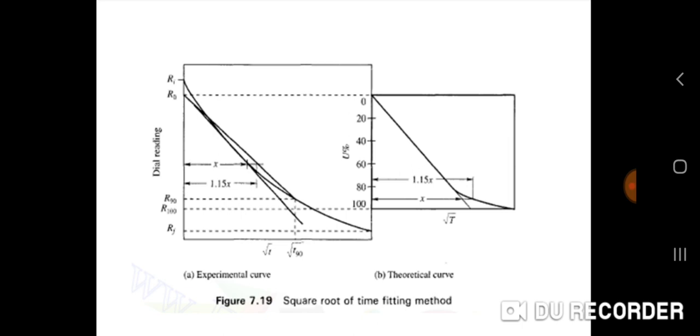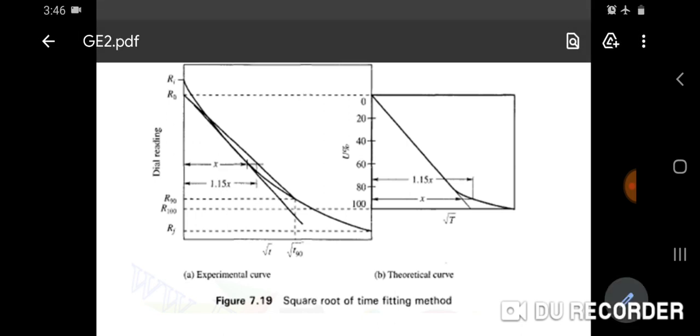From this straight line, Taylor has reduced a factor of 1.15 from the given curve.